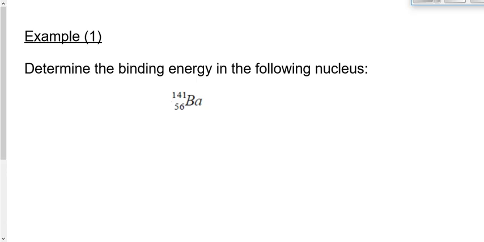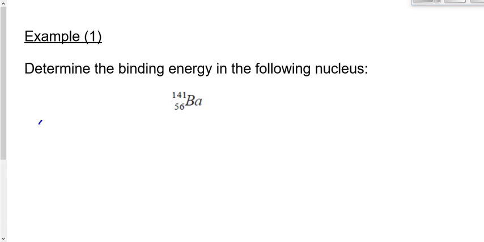Now remember what the mass defect was in the context of a single nucleus. It's the difference in mass between the nucleus, the whole thing, and the nucleons that make up the nucleus. So what we want to do here in this question is get the mass of the nucleons first. Get the mass of all the protons and neutrons.